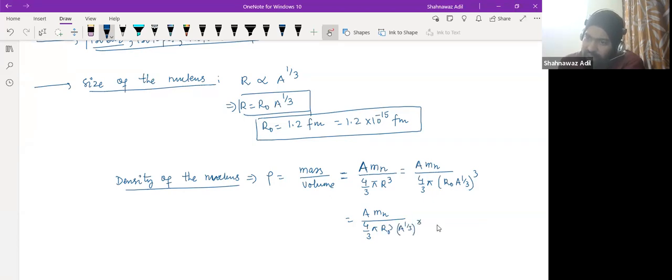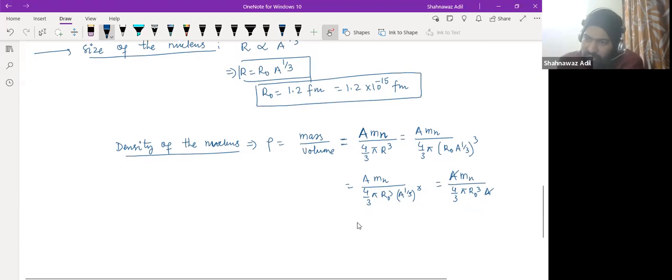So this 3 and this 3 will cancel, and this would be A times the mass of the neutron, or let's say the mass of one nucleus, right? Then this would be 4 by 3 pi R naught cube and this is A. So this A and this A will cancel.